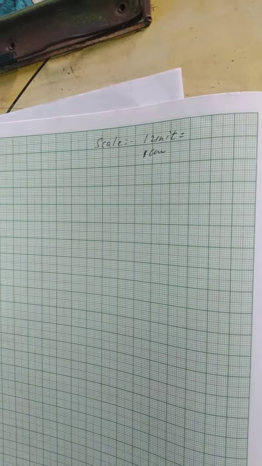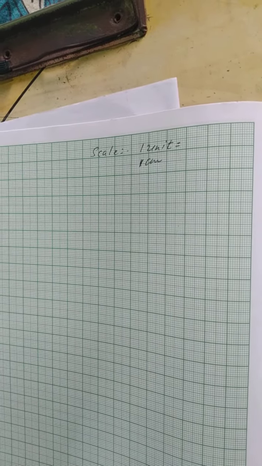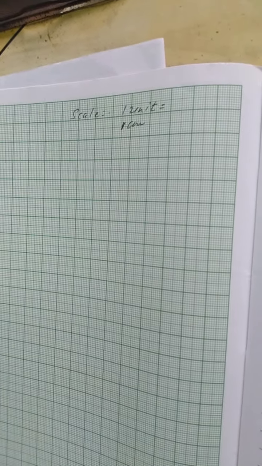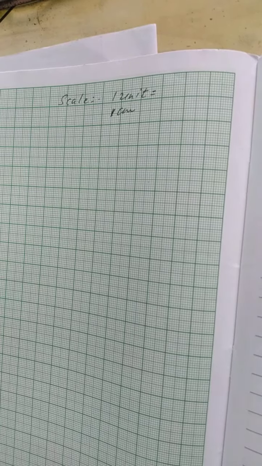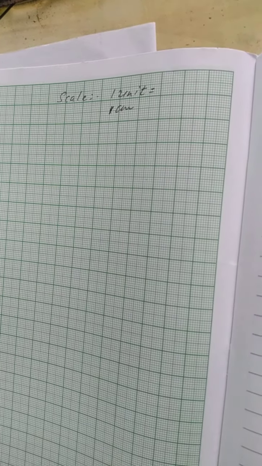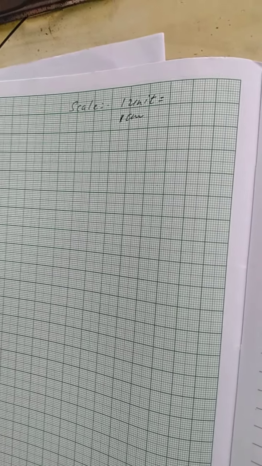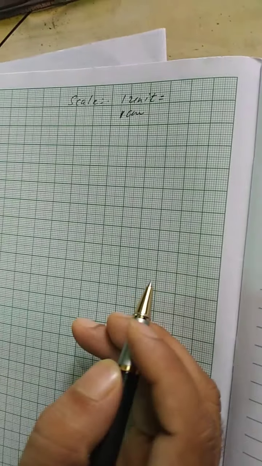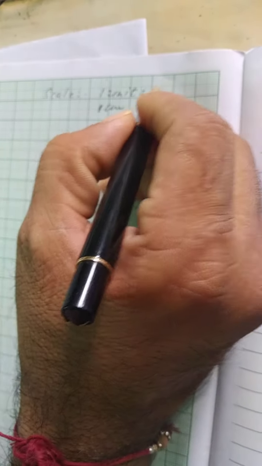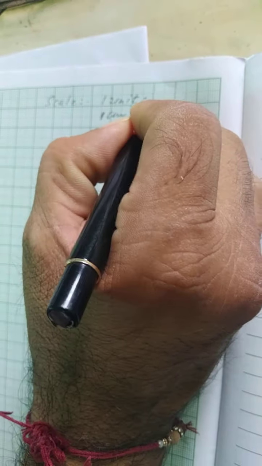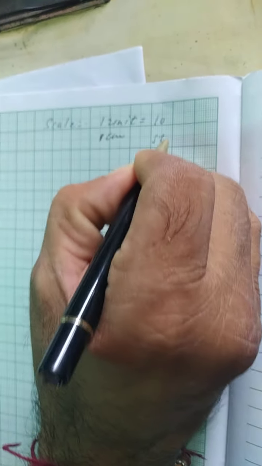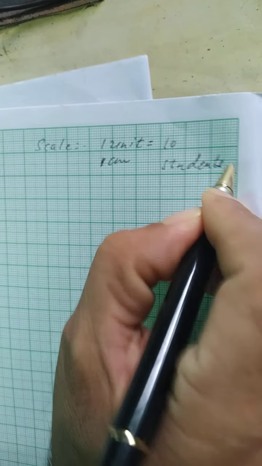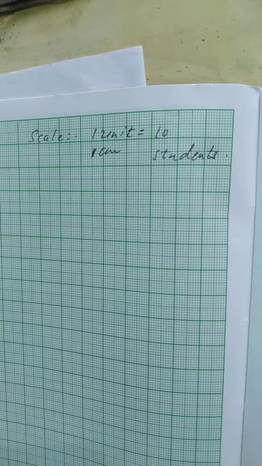135, right? See, in standard 5th, class 5th, number of children 135, in 6 120, in 7 95, in 8 100, in 9 90, and in 10 80. So which is the highest? 135. So maybe we'll take 1 unit equal to 10 students. So all the information will be covered.